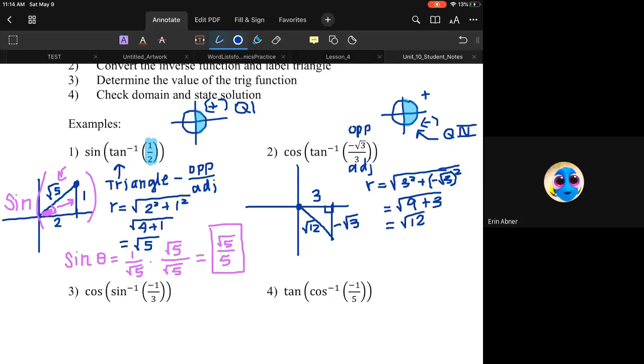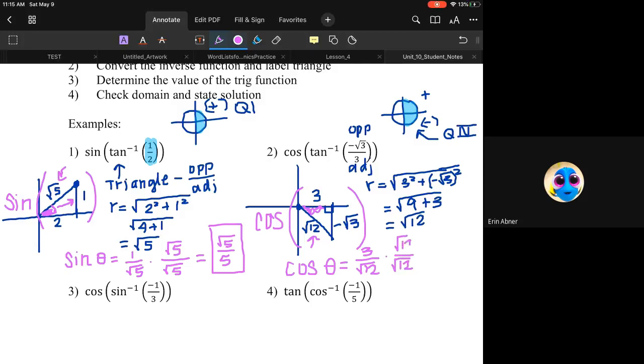So now I want the cosine of this triangle. And if I'm talking cosine, we're using this angle here. And I want adjacent over hypotenuse. So my cosine of theta is equal to 3 over the square root of 12. We know that we can't leave the square root of 12 down there.